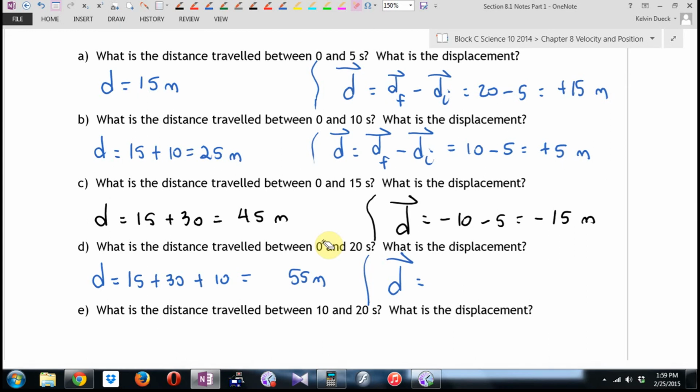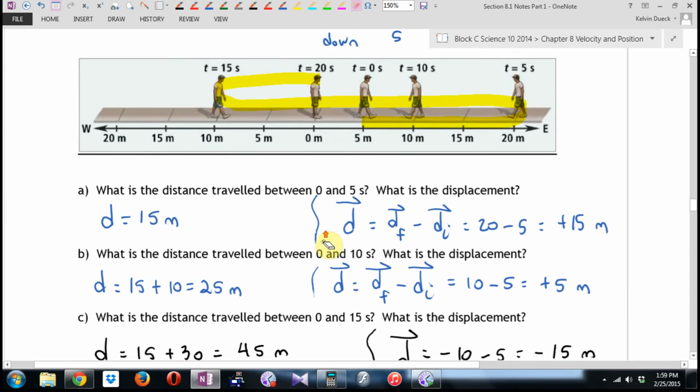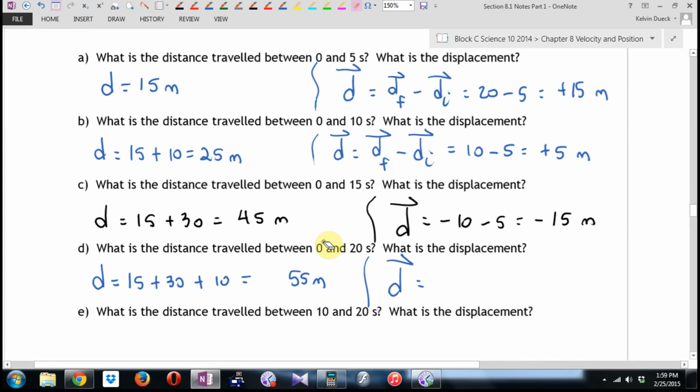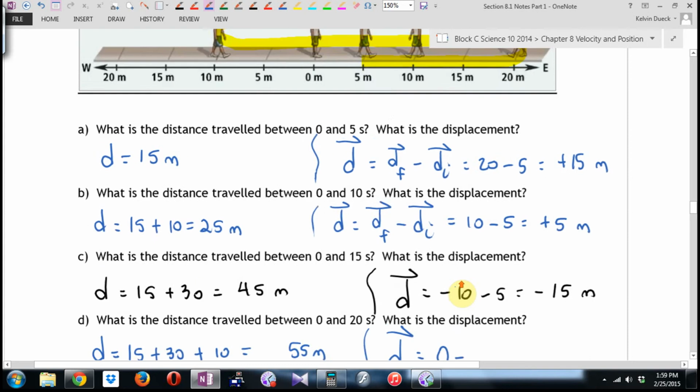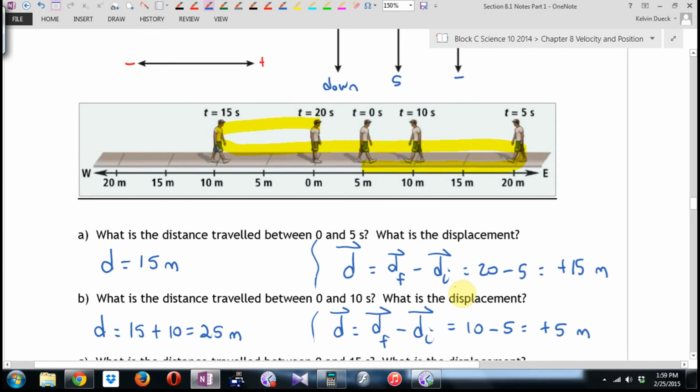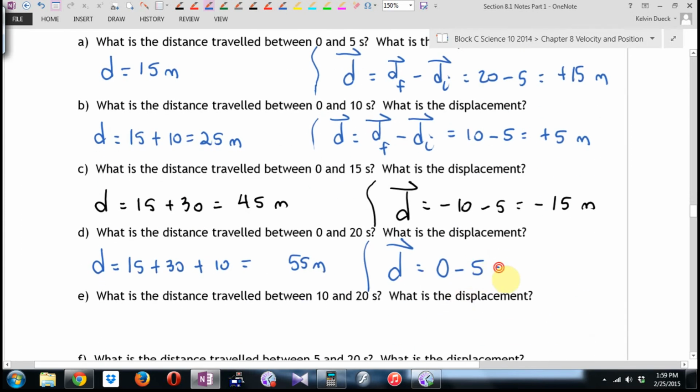Because all I've got to do is find my final position. What's my final position? At 20 seconds, where am I? Minus. What's my initial position? What's my displacement? Or, Matt, if you were giving directions, 5 left. Or 5 west.